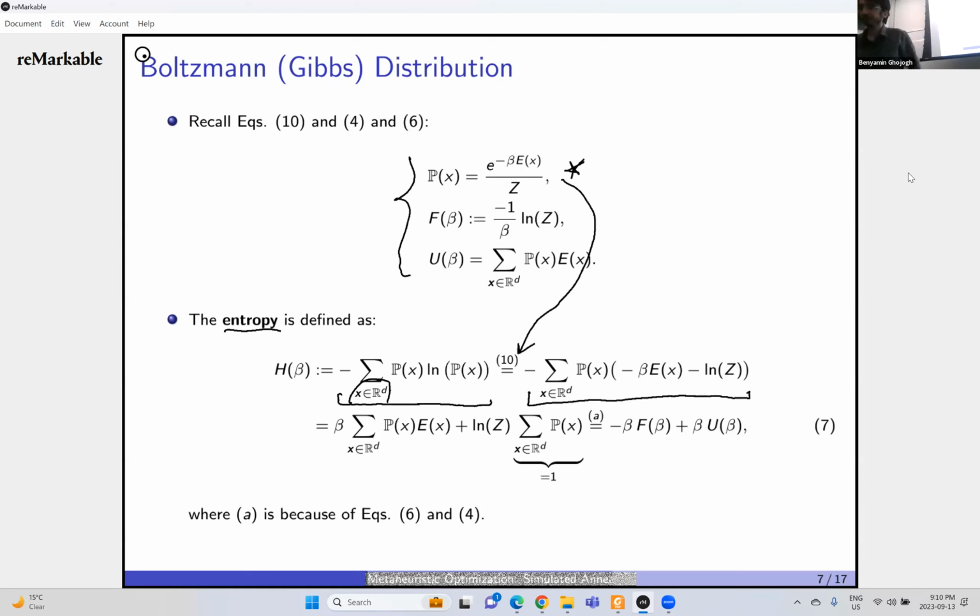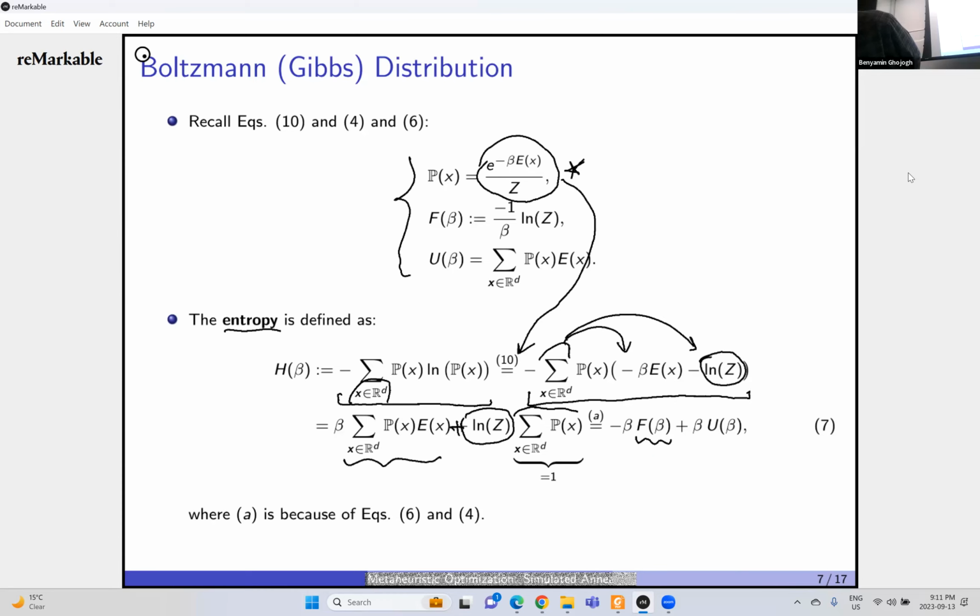right? Just take the logarithm of this term. You will get this. Then I can apply this summation to the terms, right? So I have the summation of the first term, then the summation of the second term. The logarithm of Z does not depend on x, so it can come out of the summation. What is this? This is interestingly F of beta, right?